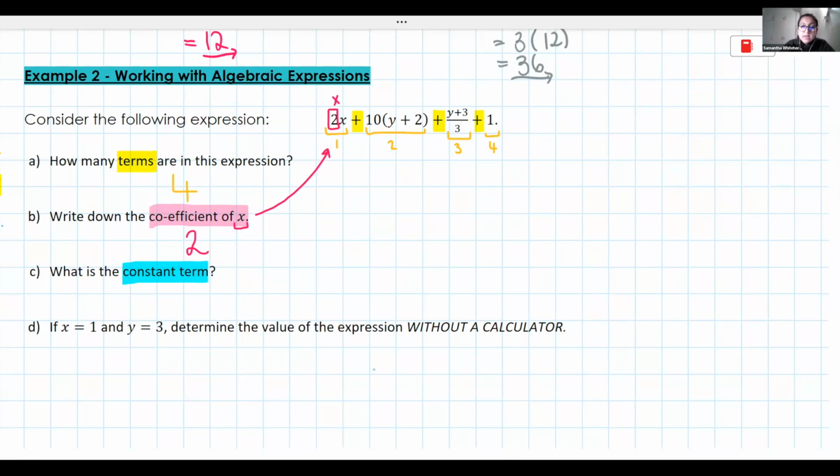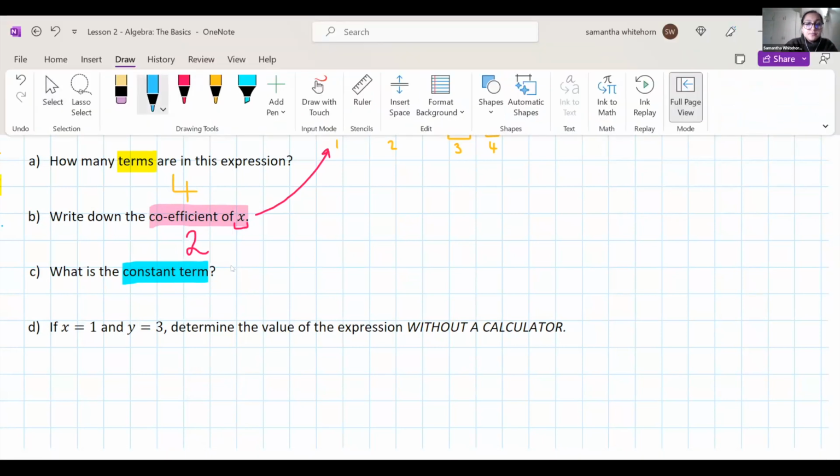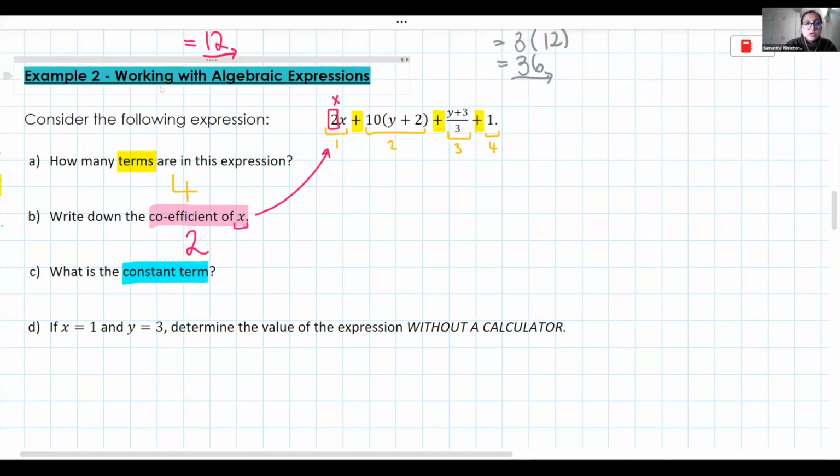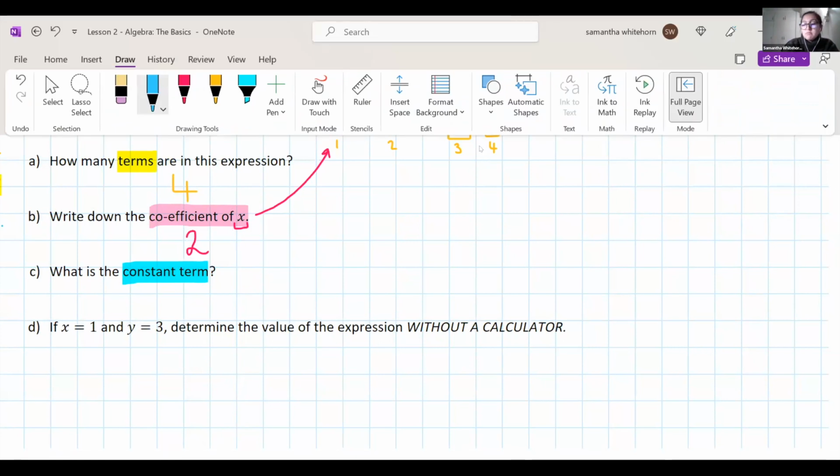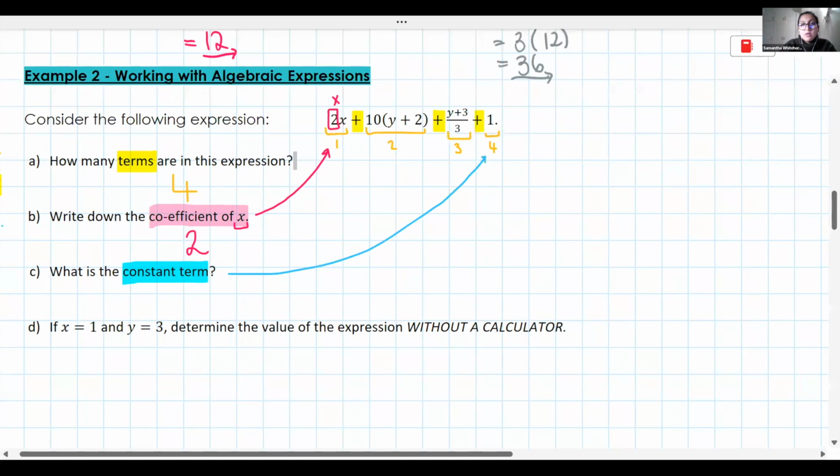So guys, firstly, a constant is a value that won't change. It hasn't got a variable attached to it that we would then times or divide it by to change its value. So a constant term has no variable. So again, we go to our expression. We look at the term that has no variable. We see that that is term number 4. Okay. Cool. And so we can see that our constant term here is positive 1.